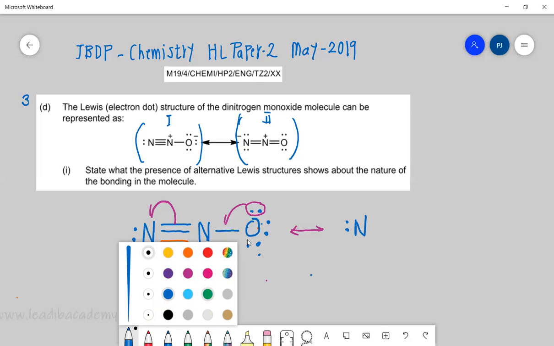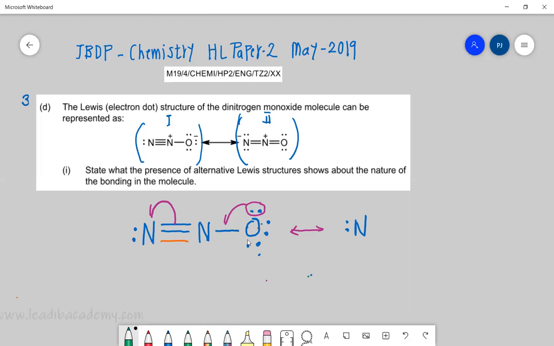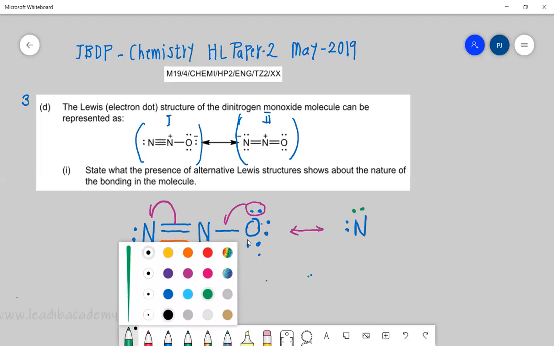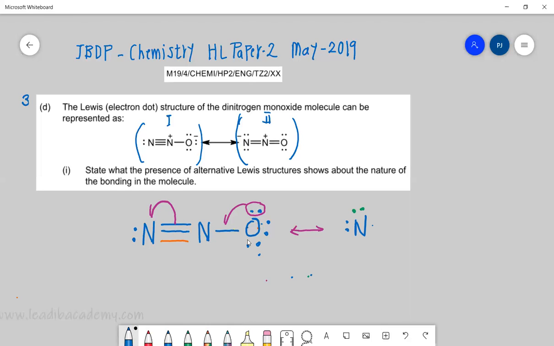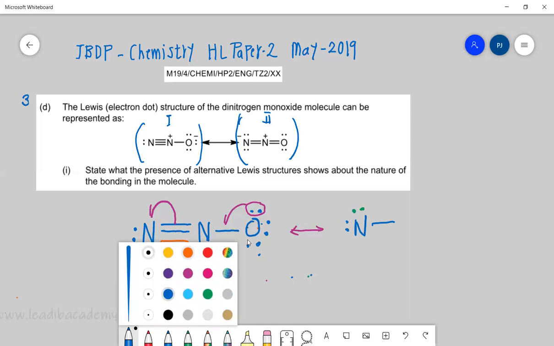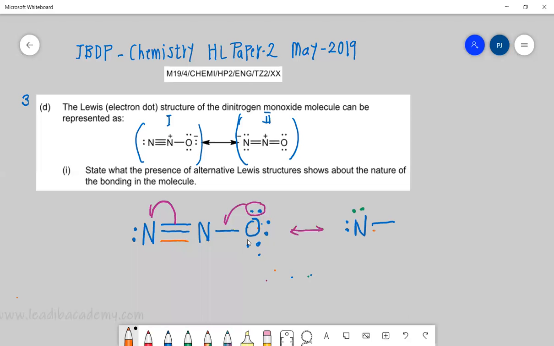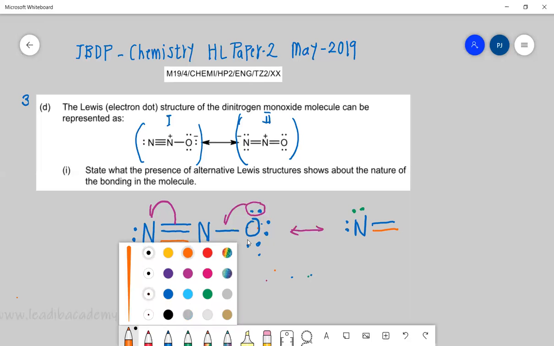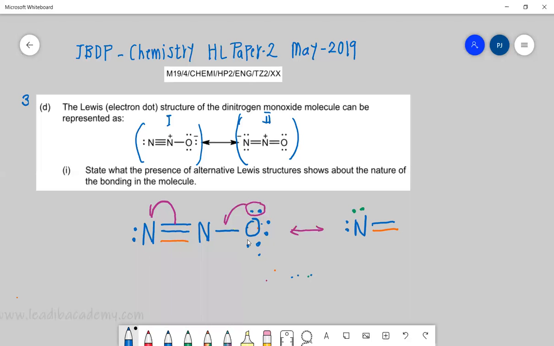So let me show it with some different color. Okay. And now it has got only 2 bonds. Okay. Only 2 bonds.